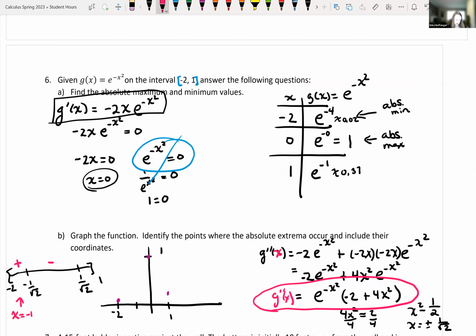So if we plug in, let's say 0.8, I would get 0.8 quantity squared, which is 0.64 times 4. That is 2.56 minus 2, which is a positive number. Okay, so we have something that is concave up until we hit negative 0.7 about.